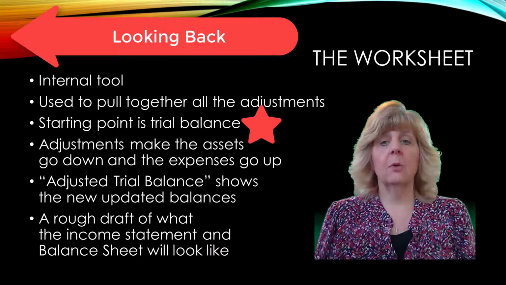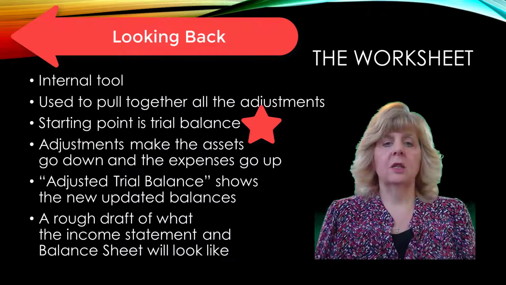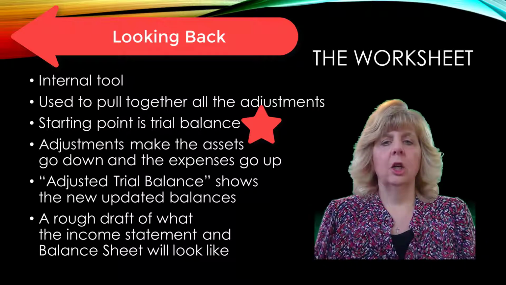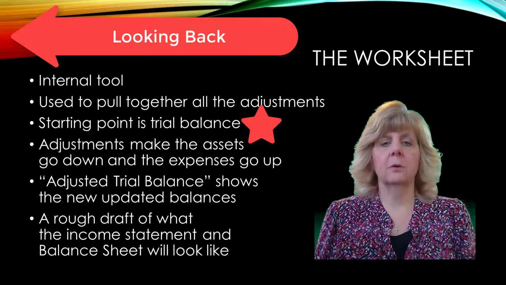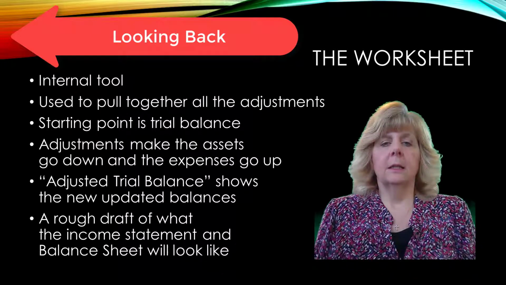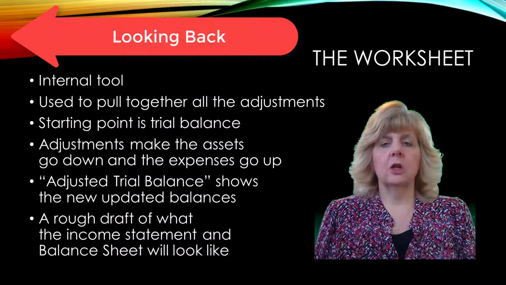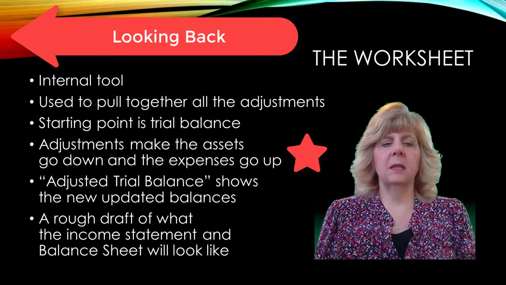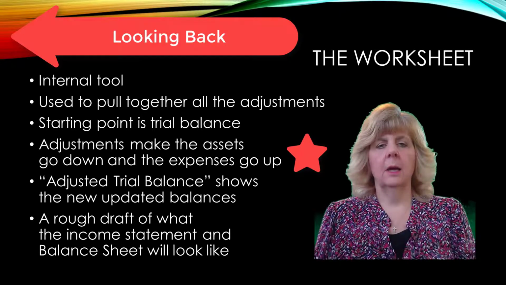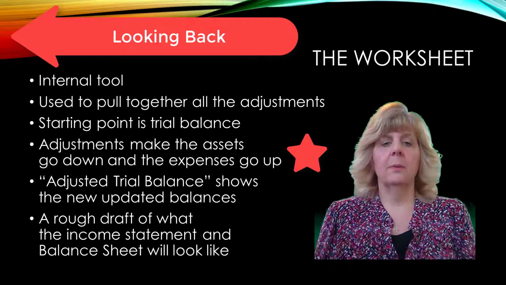The starting point for the worksheet is the trial balance. You'll note that this is the same trial balance that we've been talking about for several chapters. We talked about 3 adjustments, and in each case, the adjustments made the assets go down and the expenses go up.